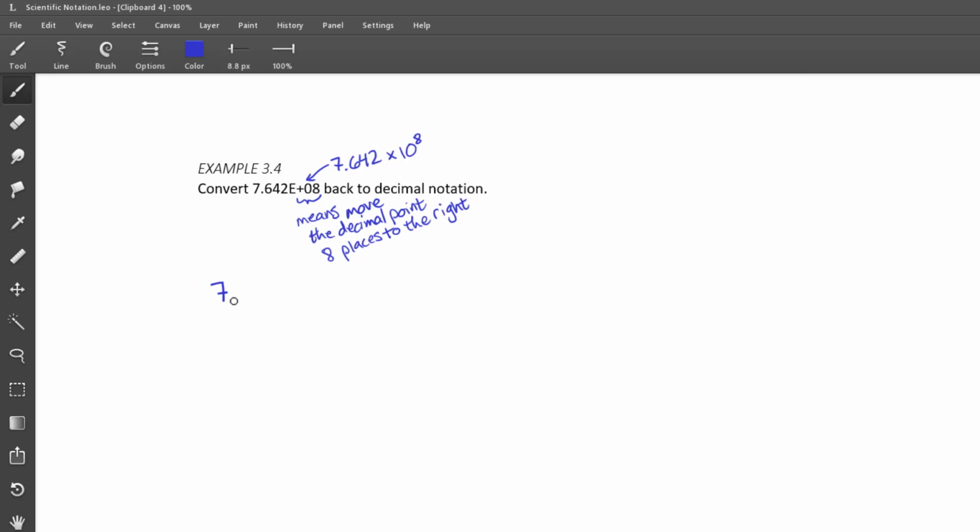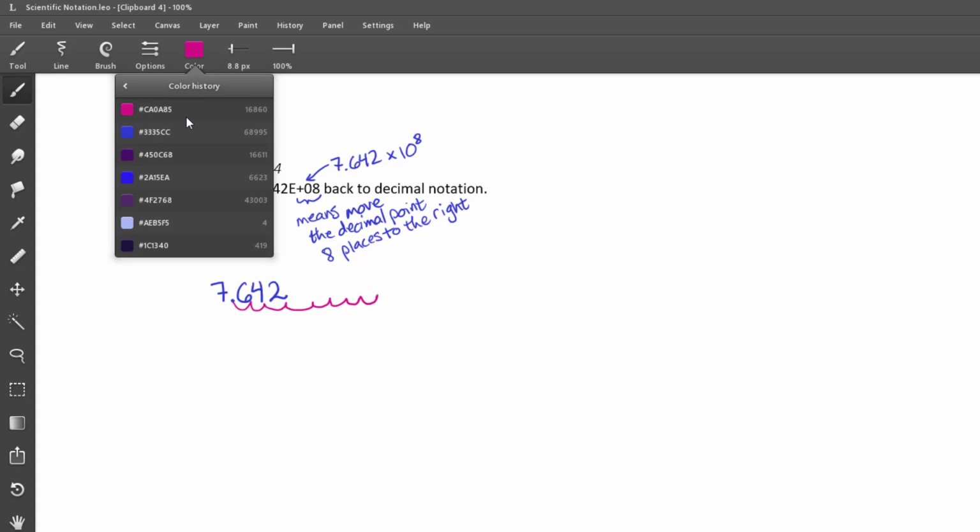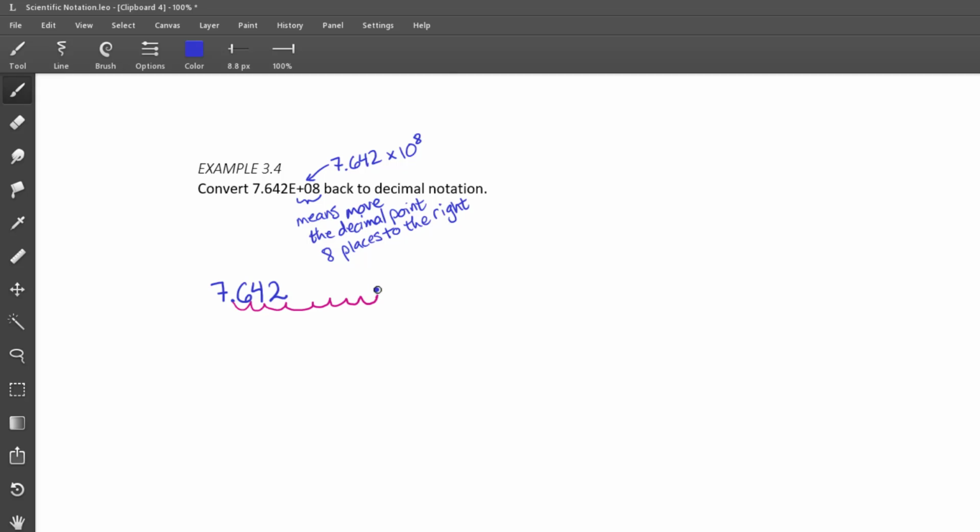And then we're going to fill in the empty places with zeros. So we're starting with the number 7.642. Take that decimal point and move it 1, 2, 3, 4, 5, 6, 7, 8 places to the right. I'm going to put that decimal there. I'm going to erase the decimal here.